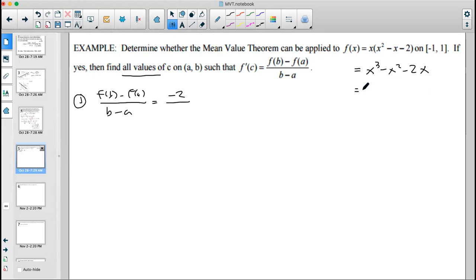It's -1 minus 1 plus 2. Okay, right. -1 minus 1 plus 2, that's 0. Well, that's too bad, because that's an undefined slope, and I can't really do that.